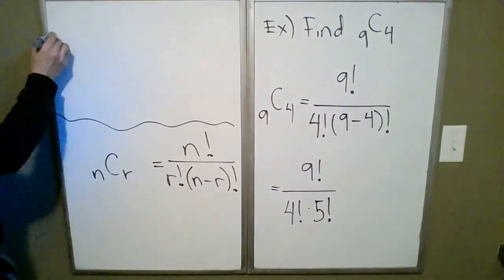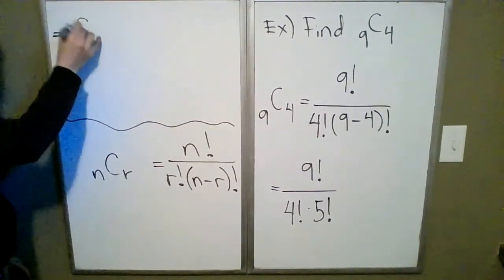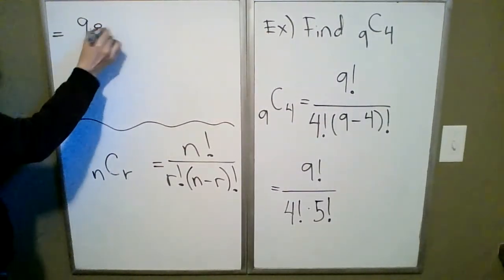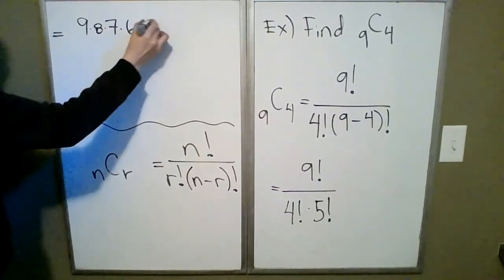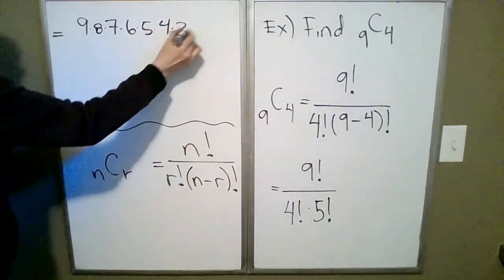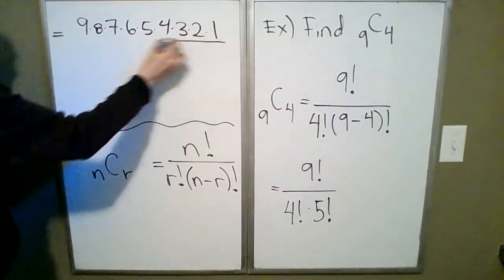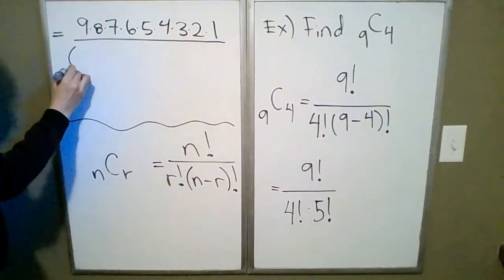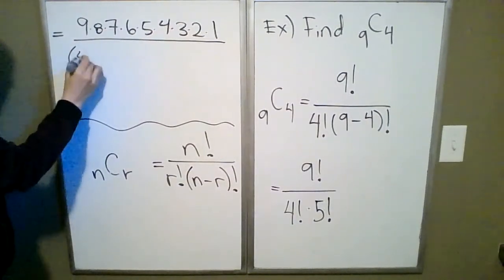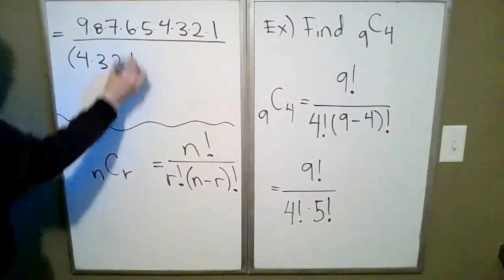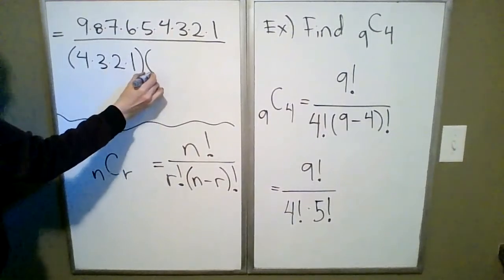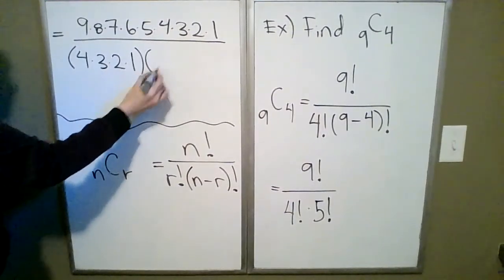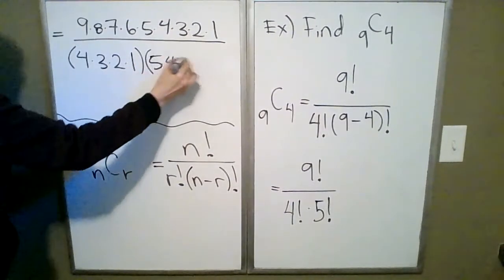All right, 9 factorial. It's 9 times 8 times 7 and 6, 5, 4, 3, 2, 1. Okay, 4 factorial: 4 times 3 times 2 and 1. And 5 factorial: 5 times 4 times 3 times 2 times 1.